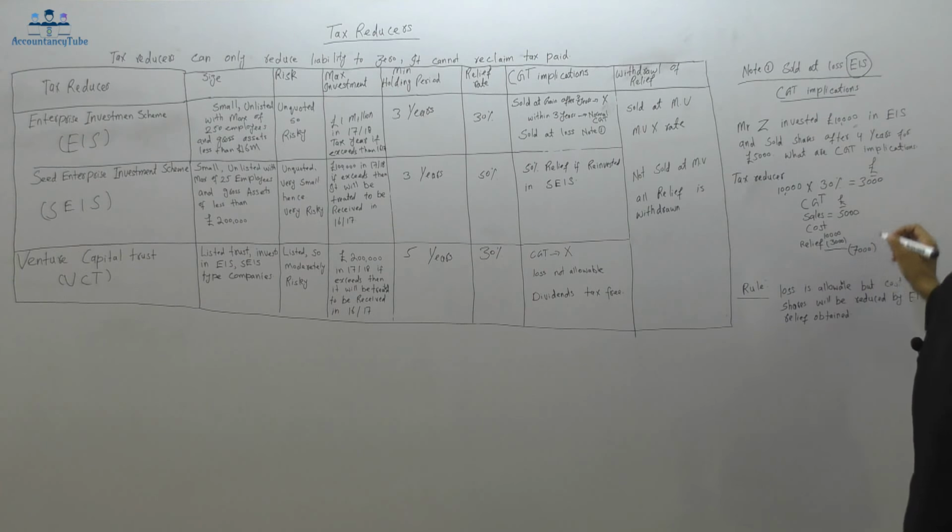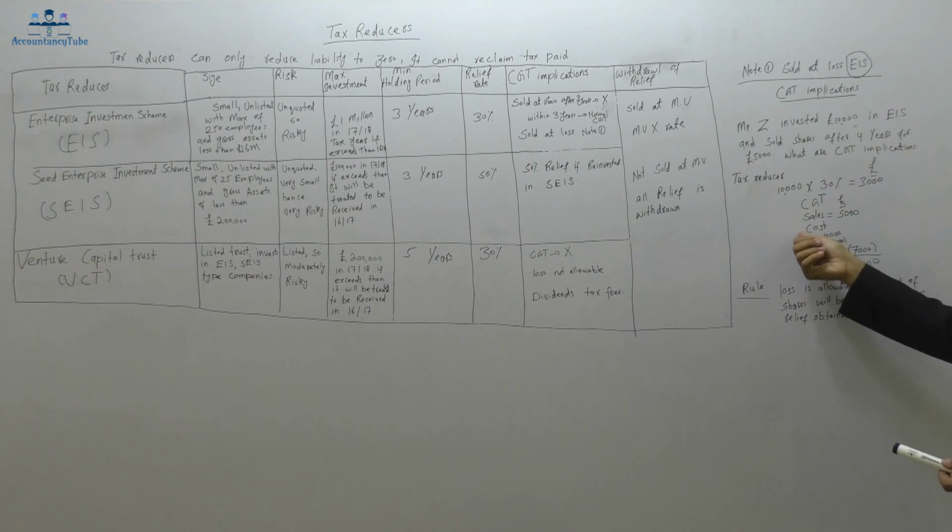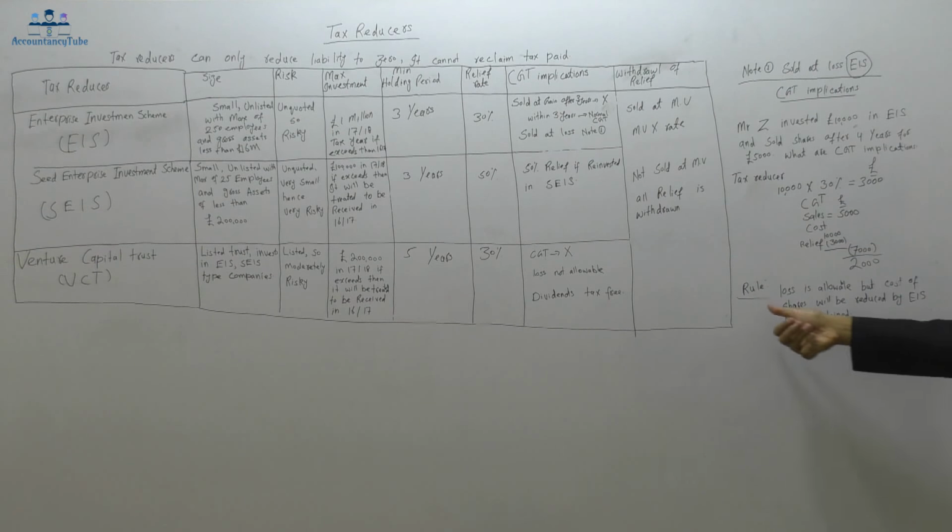All right. So how much is the loss now? £2,000 is the loss. So what does it mean? That loss is allowable, but the cost of the shares will be reduced by the relief originally obtained. Please read the rule again now. It says that loss is allowable, but cost of shares will be reduced by EIS relief obtained. So that's how it works.